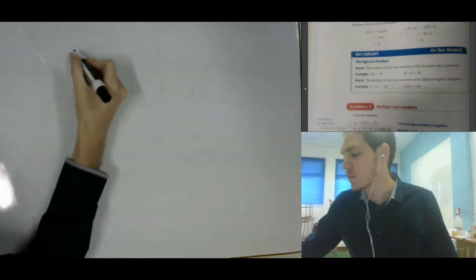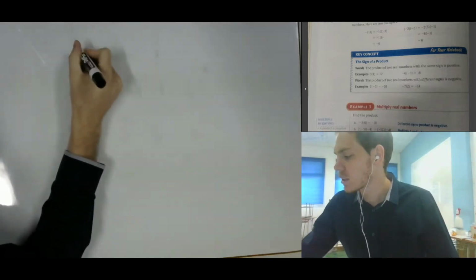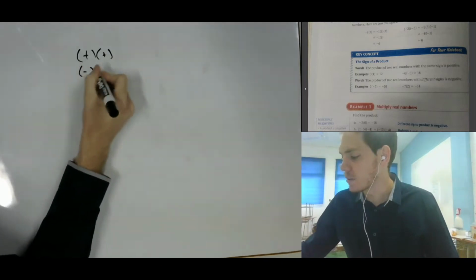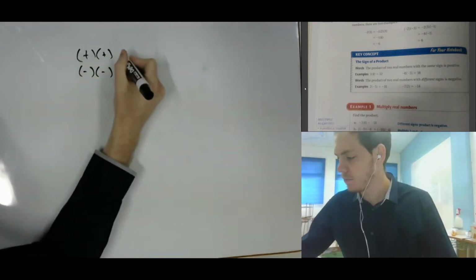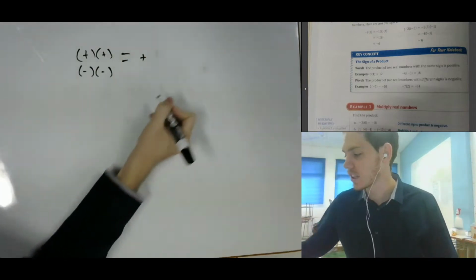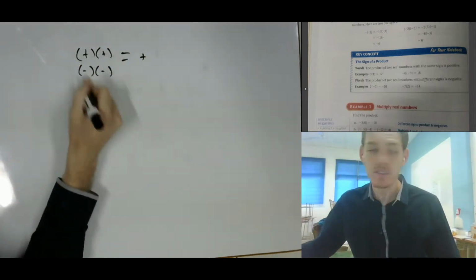So the sign in the product: if you multiply two real numbers with the same sign, that is either a positive times a positive or a negative times a negative, this will always be equal to a positive, okay? This is multiplication over here.